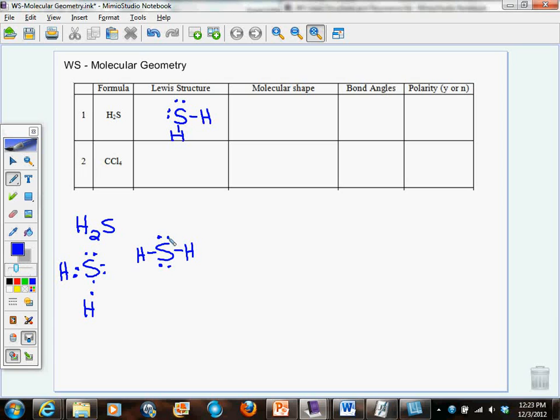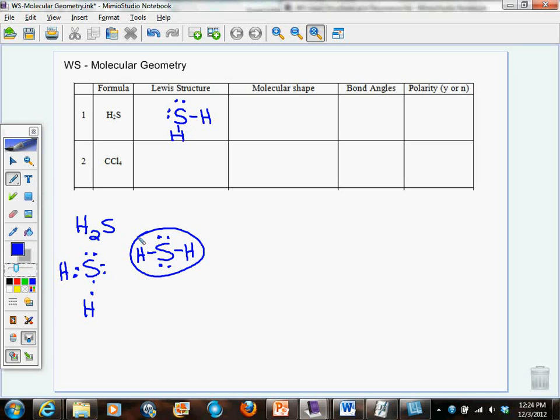This gives you a false sense of symmetry because remember, whenever you have 4 things, lone pairs and bonds, this is going to be a tetrahedral shape. This is not going to be a nice planar shape here. So this looks like it's symmetrical, even though it's not. So I tend to write it the other way to make sure you get the idea. It does not have that symmetry.